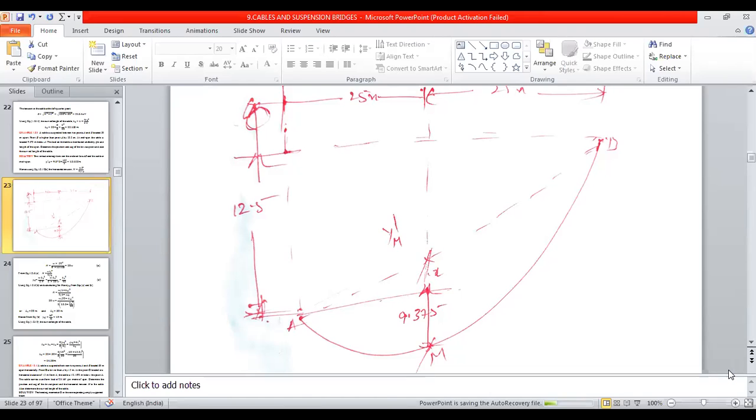So the aerial ropeways and cableways, unstiffened suspension bridges, are used for transportation of men and material by means of a trolley suspended directly from the suspension cable. So this is the analysis part, and without stiffening girders, that means unstiffened bridges, are called aerial ropeways.